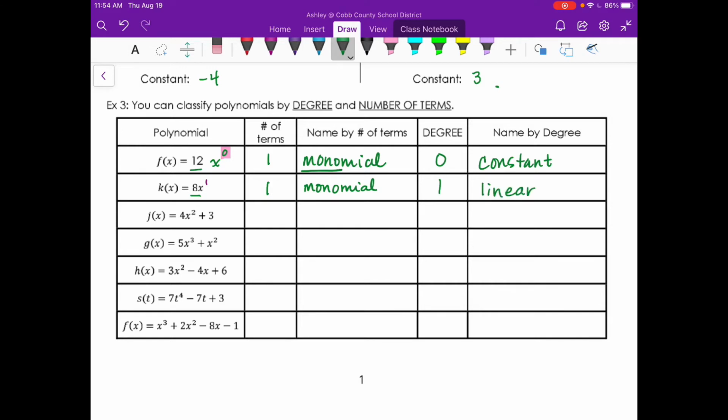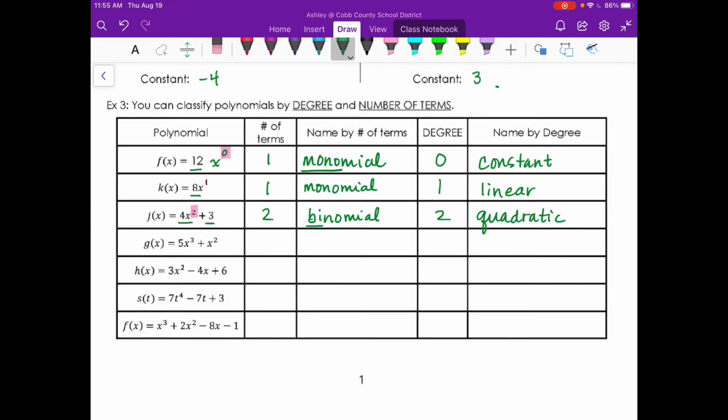Next example, we have two terms here, and we call those binomials. Kind of like a bicycle has two wheels, a binomial has two terms. Our exponent, or our degree, is 2. And we call functions with a degree of 2 quadratic.